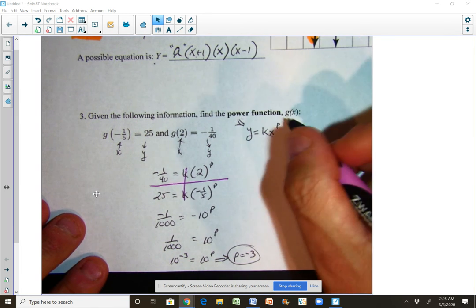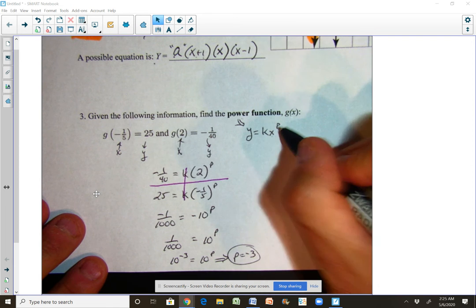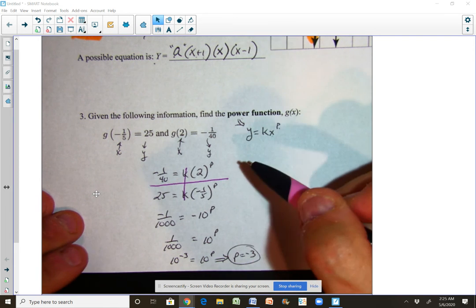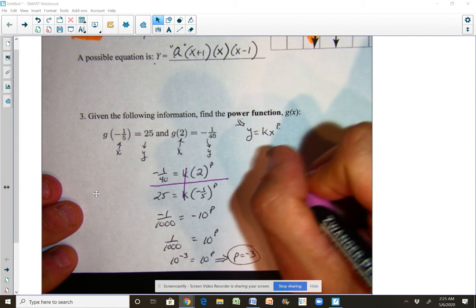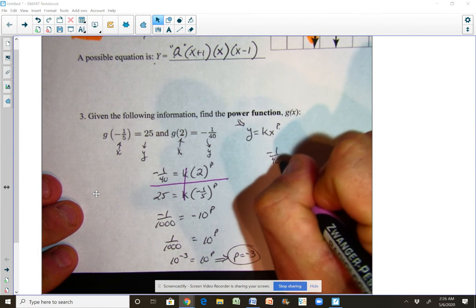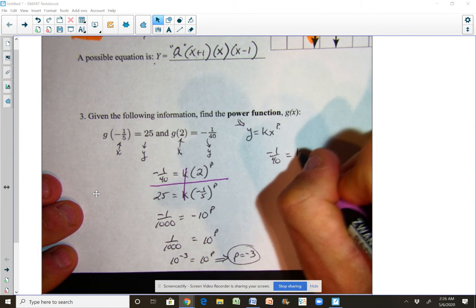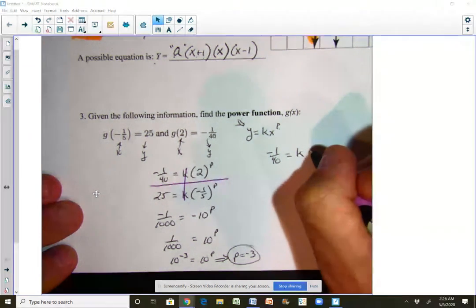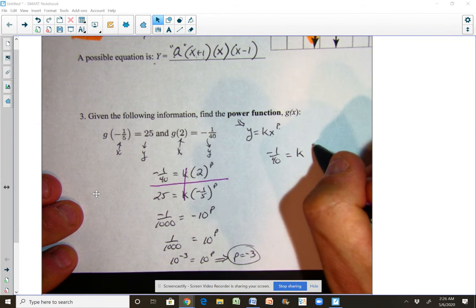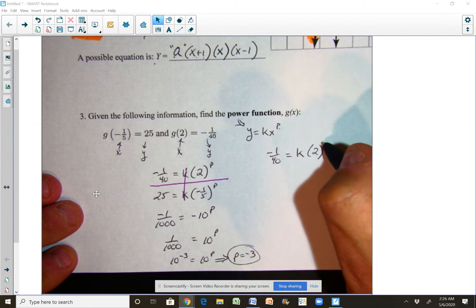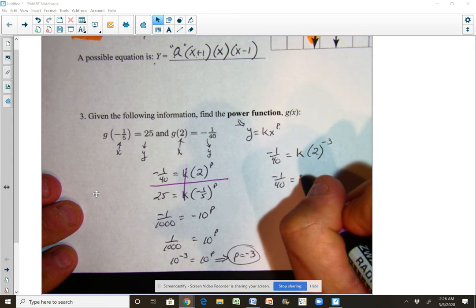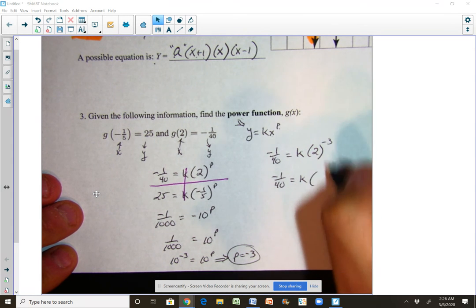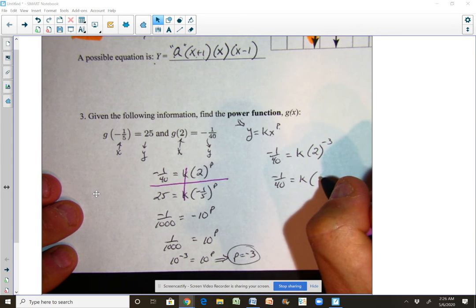If we substitute that back in and use either of the other coordinates, I'll use the one with the positive x value. So I'm going to write out negative 1/40 is equal to k, which we're trying to find now, times x. I'm going to substitute in the 2, and now I know my p value is negative 3. So negative 1/40 is equal to k times 2 to the negative third, which is 1/8.